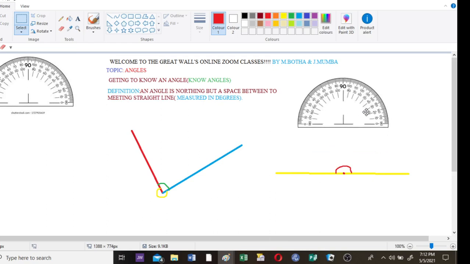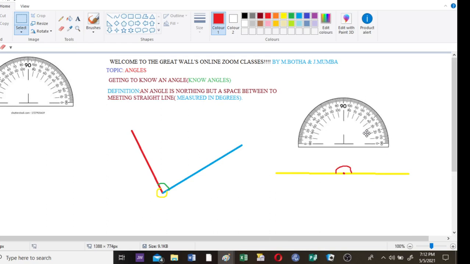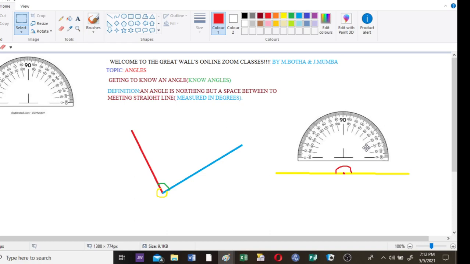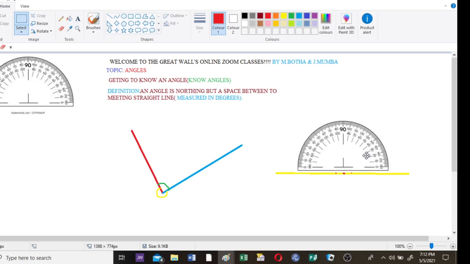So we want to measure the angle here. We've chosen our intersecting point where these two lines are meeting. So they are meeting here. So you put the line on the protractor there. This center should be straight to the intersecting center that you have chosen.